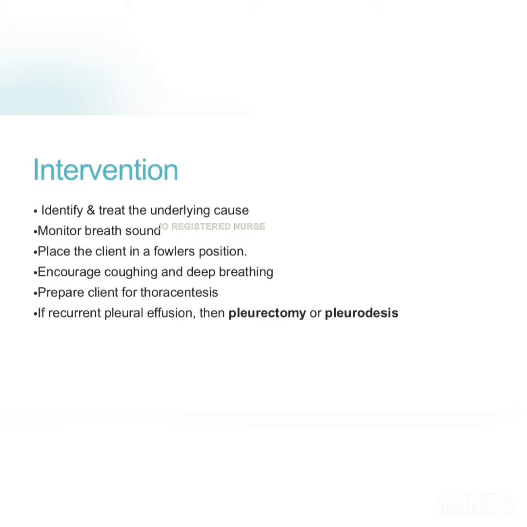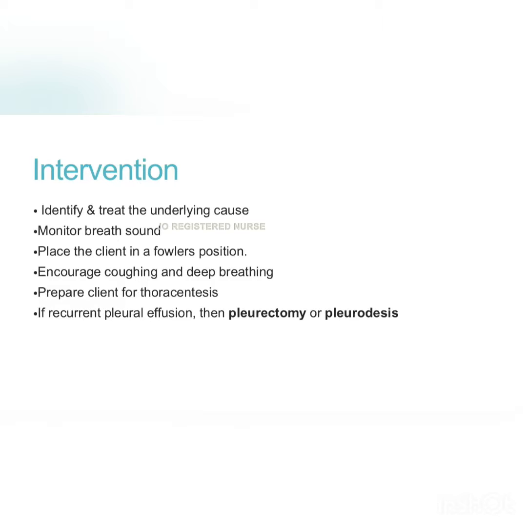So we need to identify and treat those underlying causes. And we need to monitor breath sounds, place the client in high Fowler's position, encourage coughing and deep breathing, and prepare the client for thoracentesis. If recurrent pleural effusion, then we need to do pleurectomy or pleurodesis.